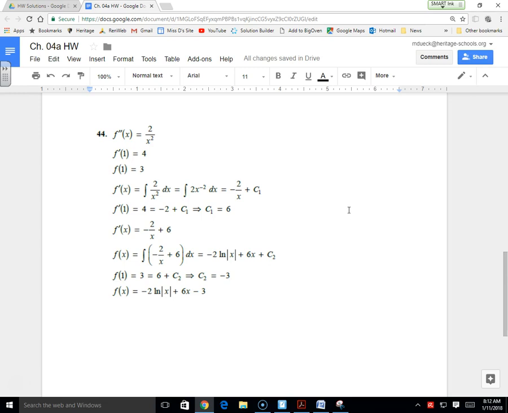You could have put them together if you wanted, with a common denominator, and that would have been negative 2 plus 6x over x. But the heart method is only used when it's all put together and we want to split it apart. So this one was already split apart. Does that kind of make sense? Yeah.